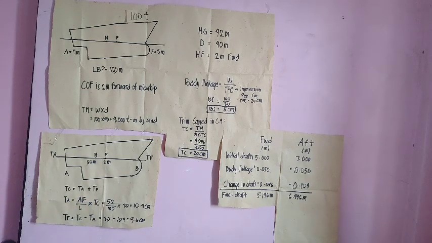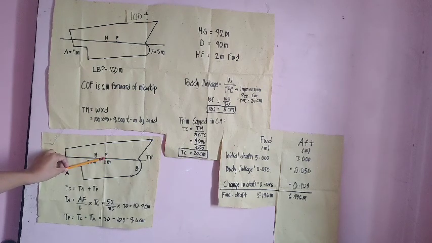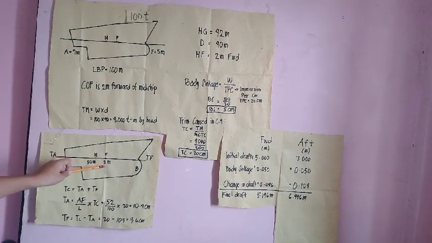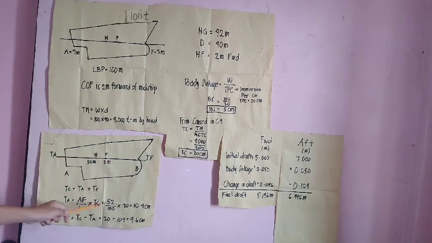To get our AF, we'll just measure it from A to F. The midship is 50, so we're going to add 2 meters. So it's going to be 52.